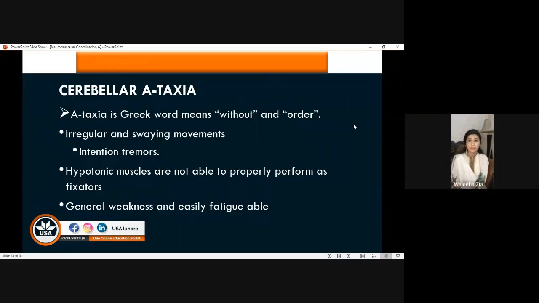Ataxia means irregular movement, because it wasn't possible for that person to hold that frame up and put it in the forward position. So in these conditions, the patient is fine. He can perform the activity, but the activities are not so accurate. There is more loss of coordinated movement.